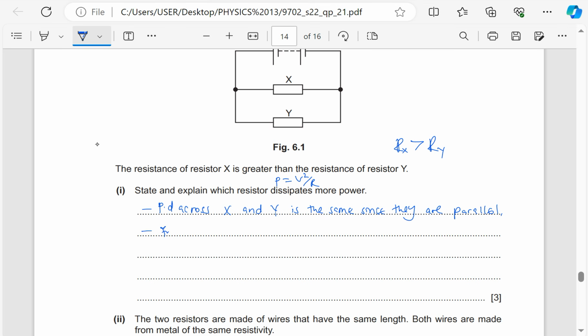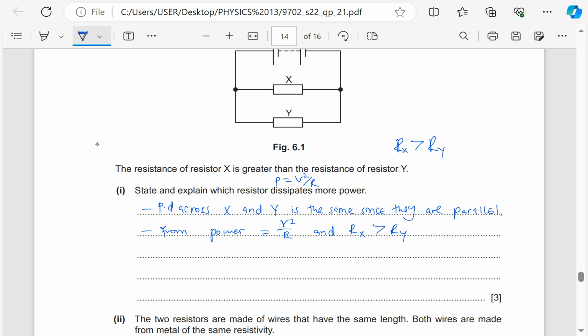We know that power dissipated equals V squared over R. And we know that R for X is greater than R for Y. So the one with the greater value of R has less power. The one with the smaller value of R dissipates more power.